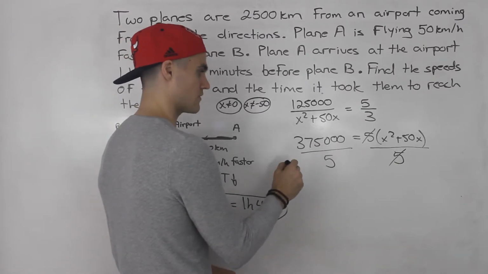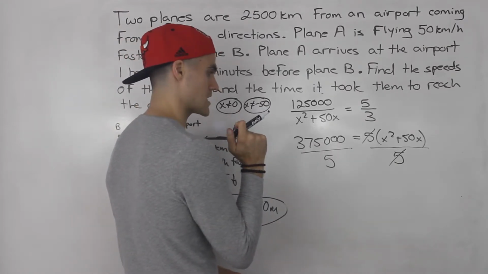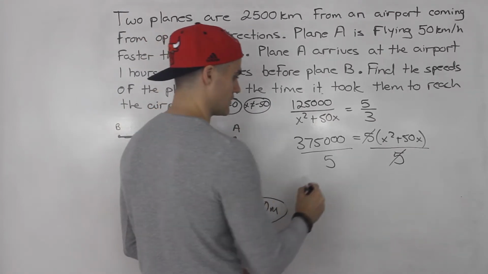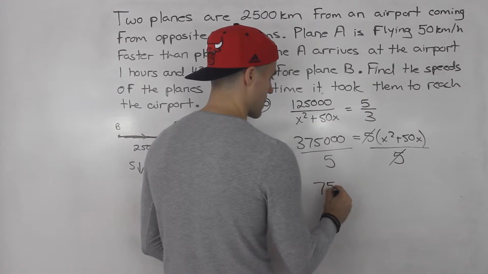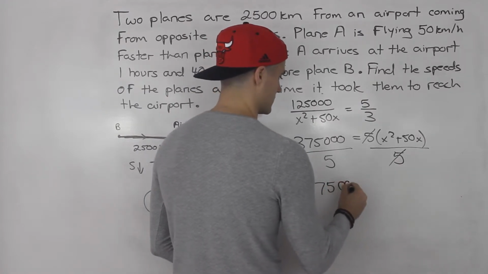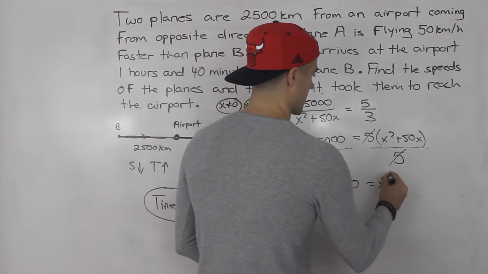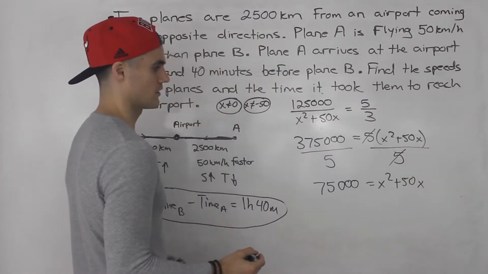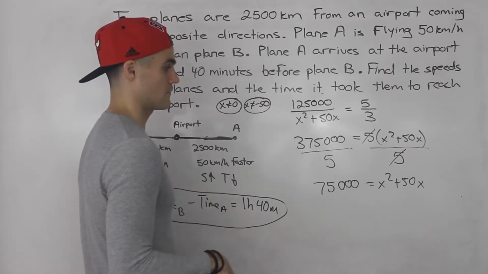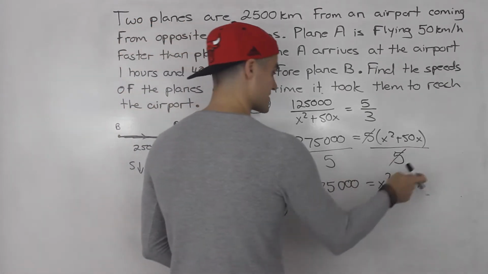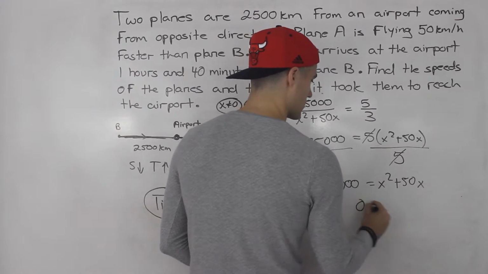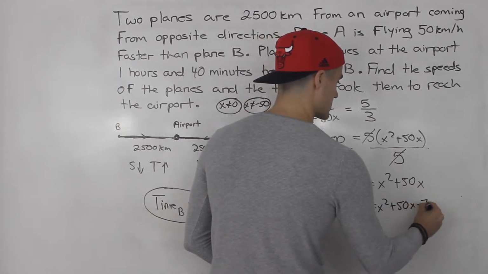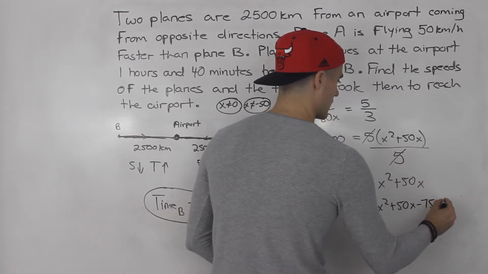So 375,000 divided by 5 would give us what? 75,000 equals x squared plus 50x. And now notice we just have a quadratic equation. So we bring this over. 0 equals x squared plus 50x minus 75,000.